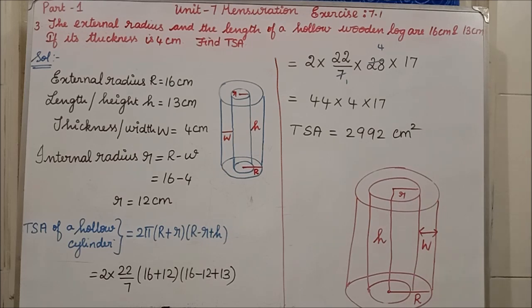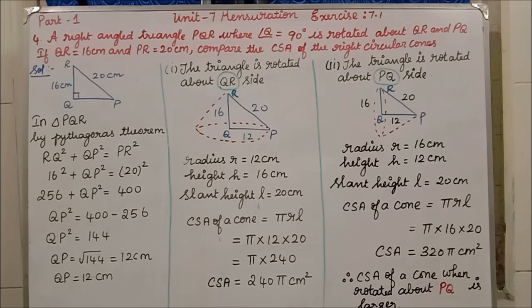Students, are all of you clear about the hollow cylinder concepts? Yes. We are going to see the fourth question. A right angle triangle PQR, where angle Q is equal to 90 degree, is rotated about QR and PQ.